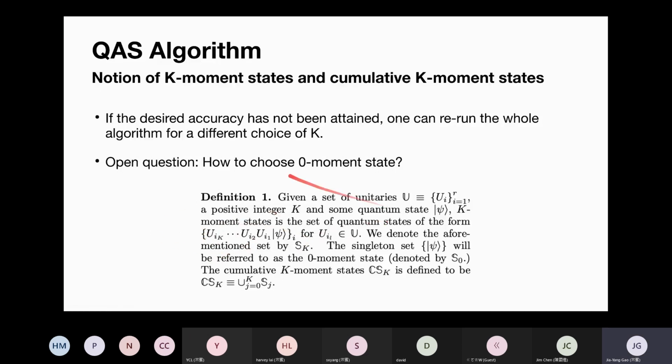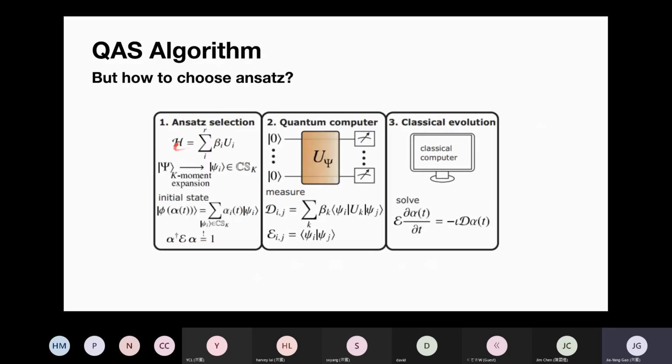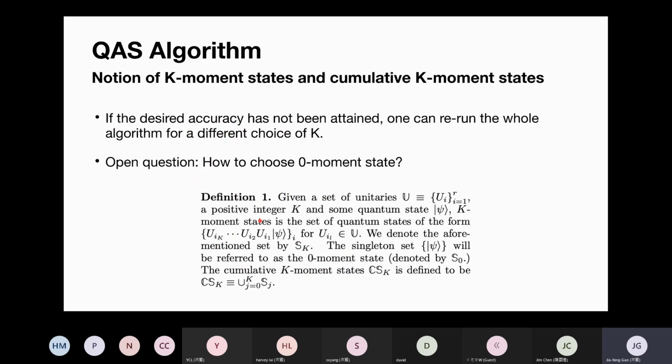The zero moment state is the zero moment state because you didn't apply any unitary on it. And maybe this unitary is from the Hamiltonian, U. And then you can construct the one moment state from this Hamiltonian by applying it one time.